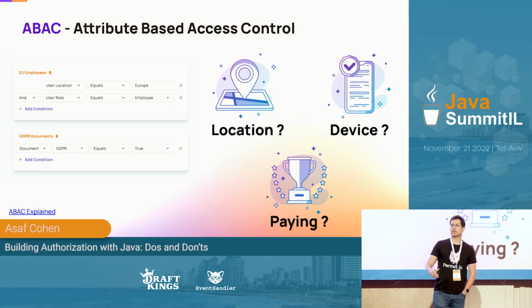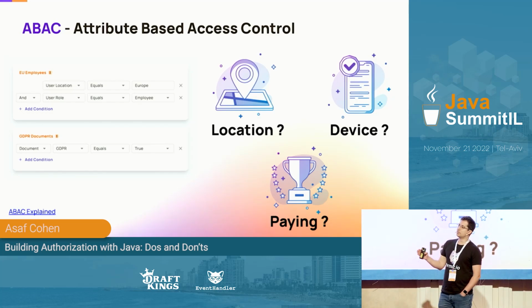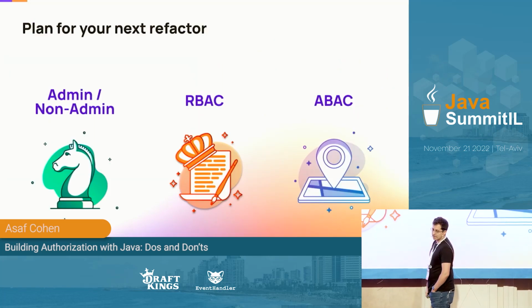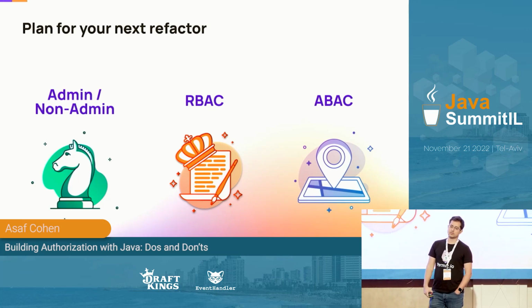And typically, if you sell to enterprise, that will require some effort from R&D. And the jump from role-based access control to attribute-based access control can be difficult. If you use policy agents, less difficult.